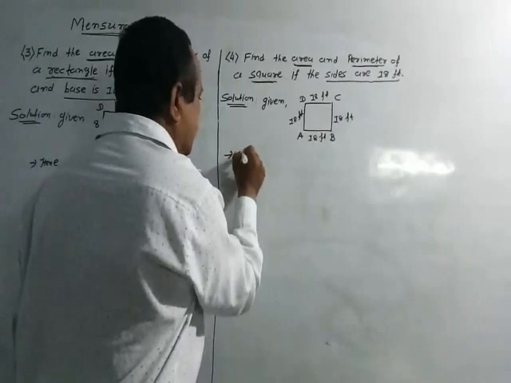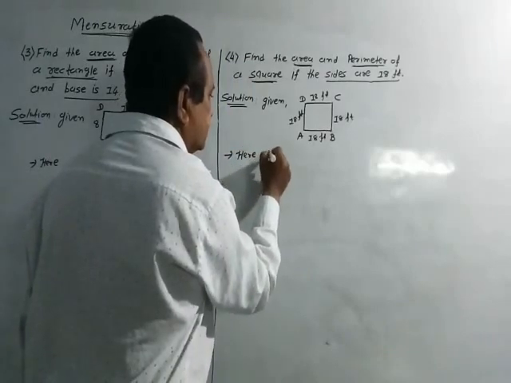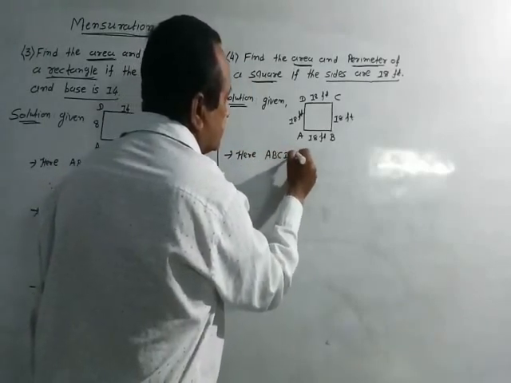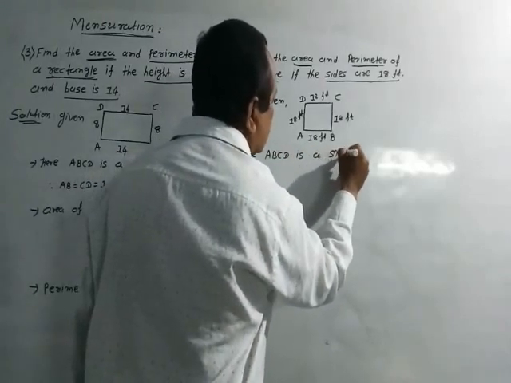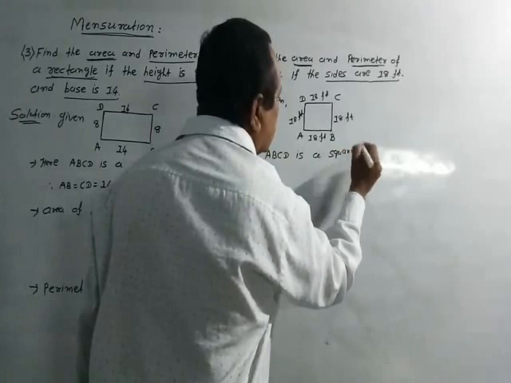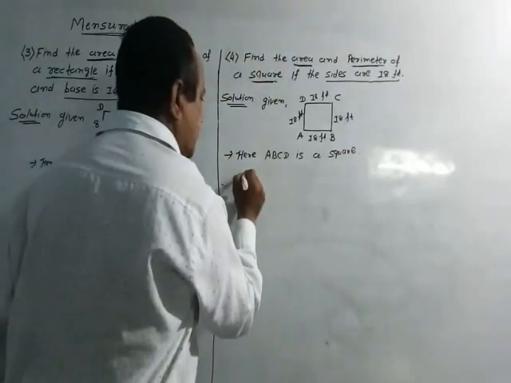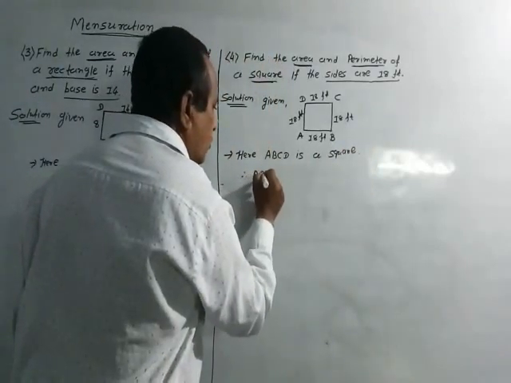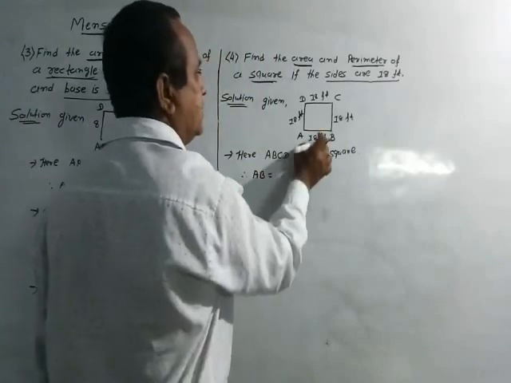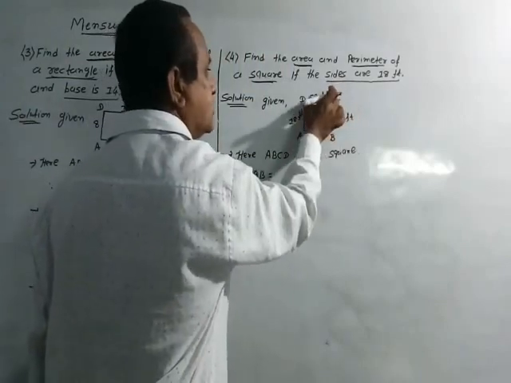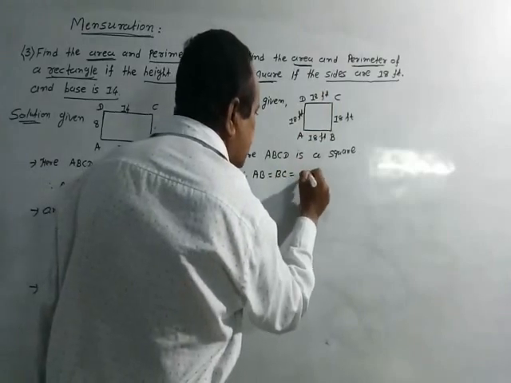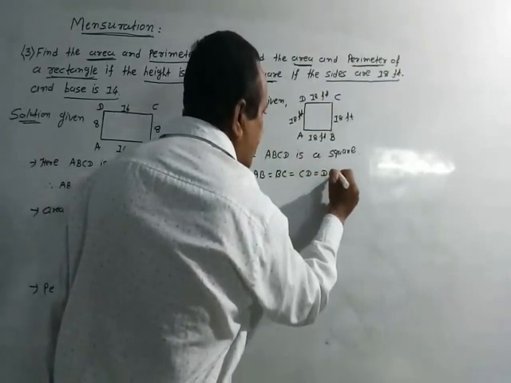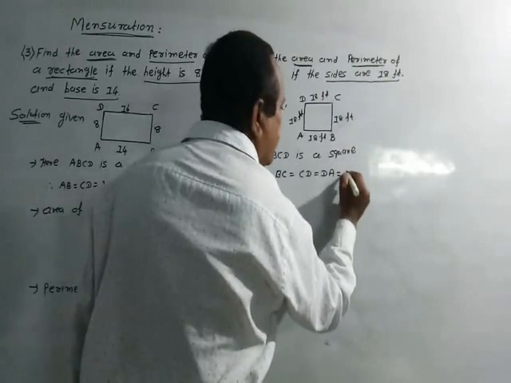ABCD is a square, then all sides are equal. AB is equal to BC is equal to CD is equal to DA, and the side value is 18 feet.